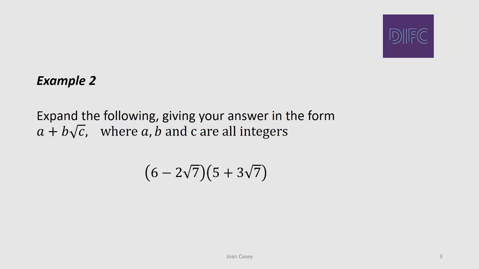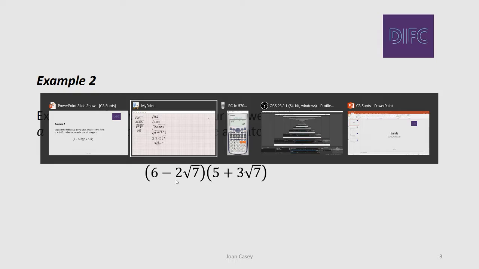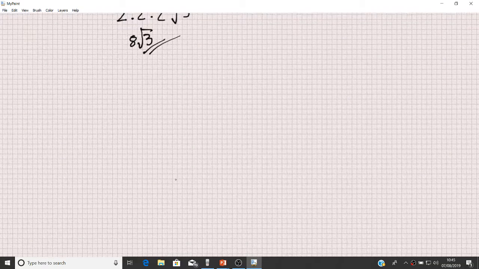The expansion we're looking at is 6 minus 2 root 7, times 5 plus 3 root 7. We'll skip over to our math pad and take a look at that. So we write the problem out first as 6 minus 2 root 7 times 5 plus 3 root 7. We're going to expand this by multiplying it out like we would any factors that we've done before.